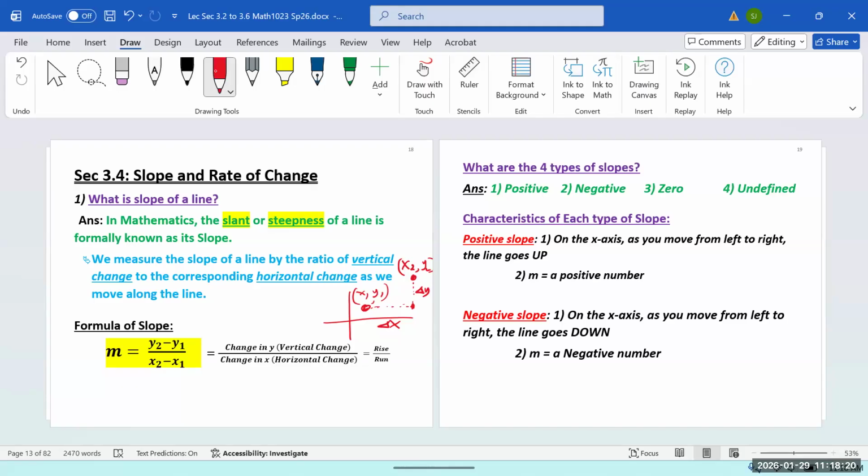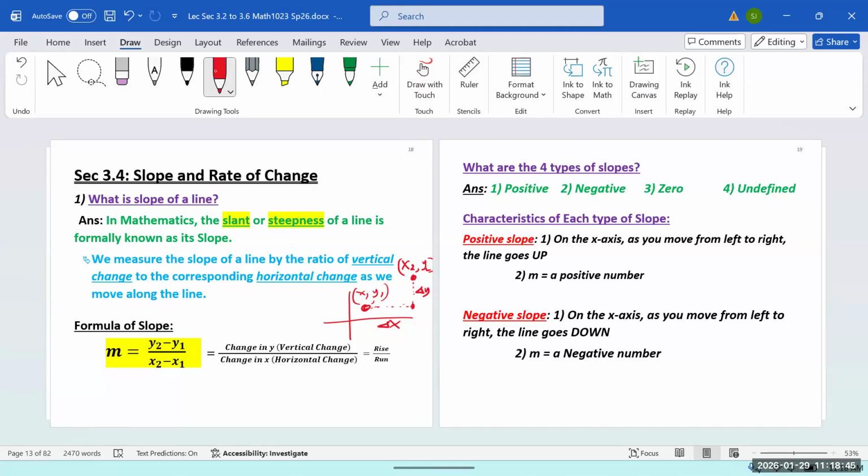And now the types of slope. Since we have four directions to go from left to the right, there are four types of slope. The first type of slope is positive slope. It means when you walk from your left side to your right side, you are moving up. If slope is positive, you're going in the positive direction. If you walk from left to the right, but you're climbing down the stairs, you're going in the negative direction.